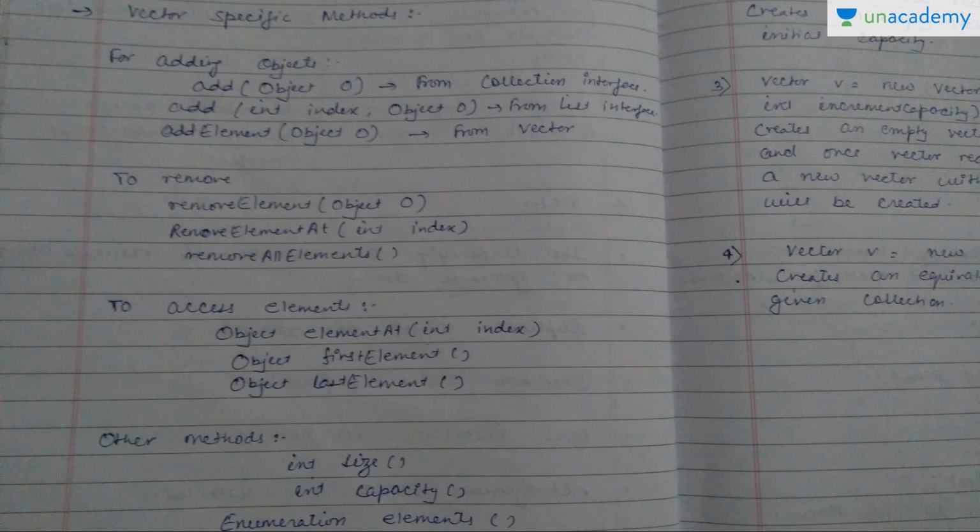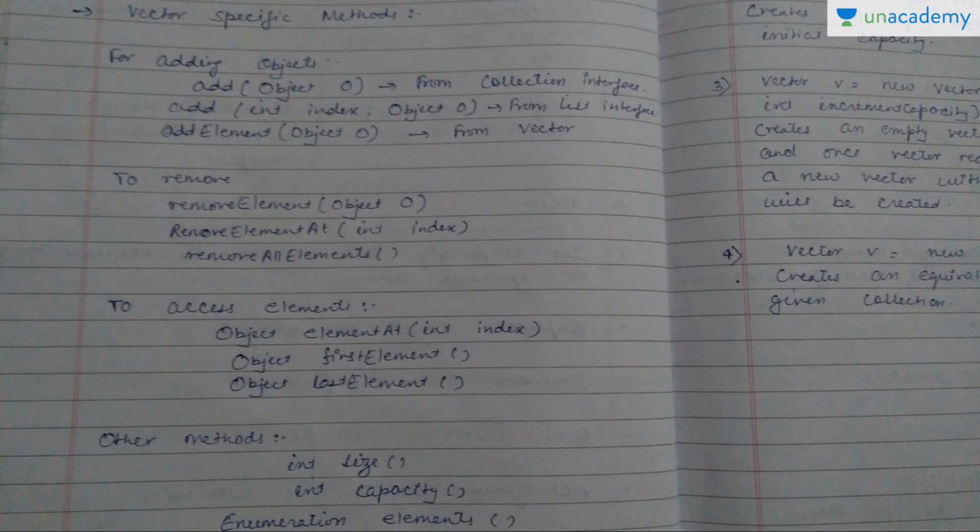Its return type is Object, so it will give us the object at the last position of that Vector. Another method is int size(), which will tell us the size of that particular Vector. The next one is int capacity(), which will tell us the current capacity of that Vector. The next method is Enumeration elements(), which is basically used for moving through the different Vector elements.